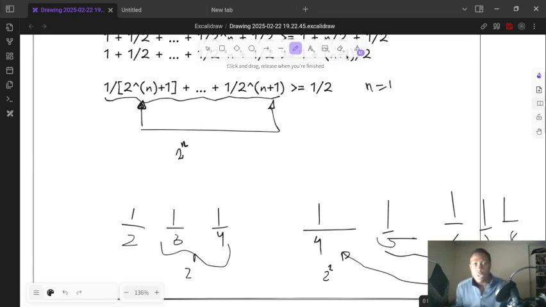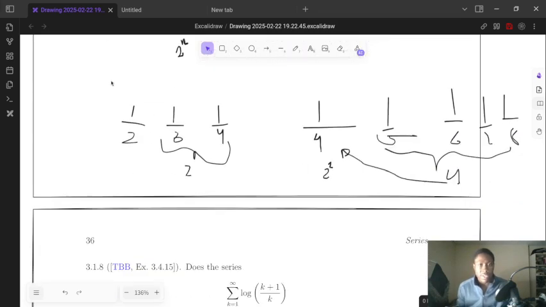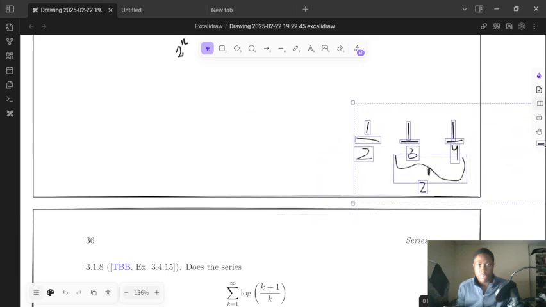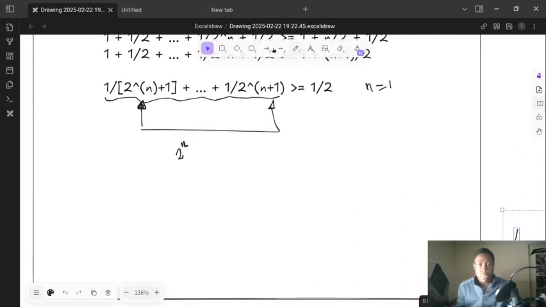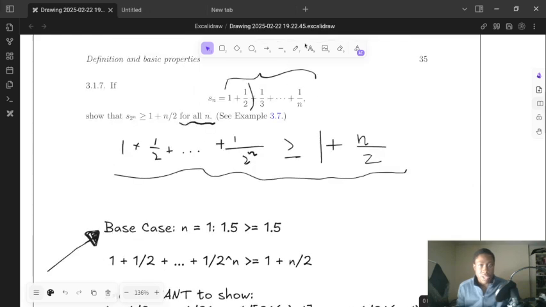And so now the thing that I can do to show, without induction, that this is true is something really similar to how you prove that the harmonic series diverges. It's actually the same thing.